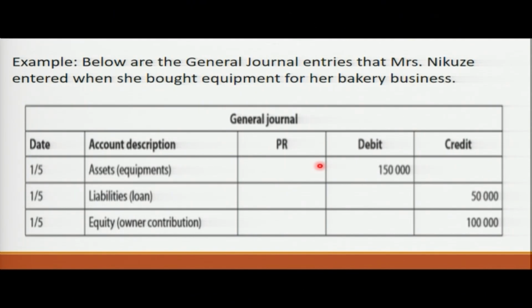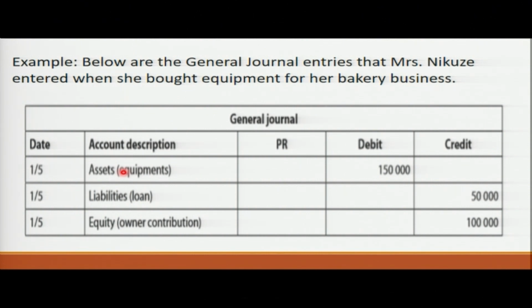Whereby on that we are having 1st May. 1st May can be 1st May 2020 or 2025, isn't it? Then on account description, we are having assets. Okay?